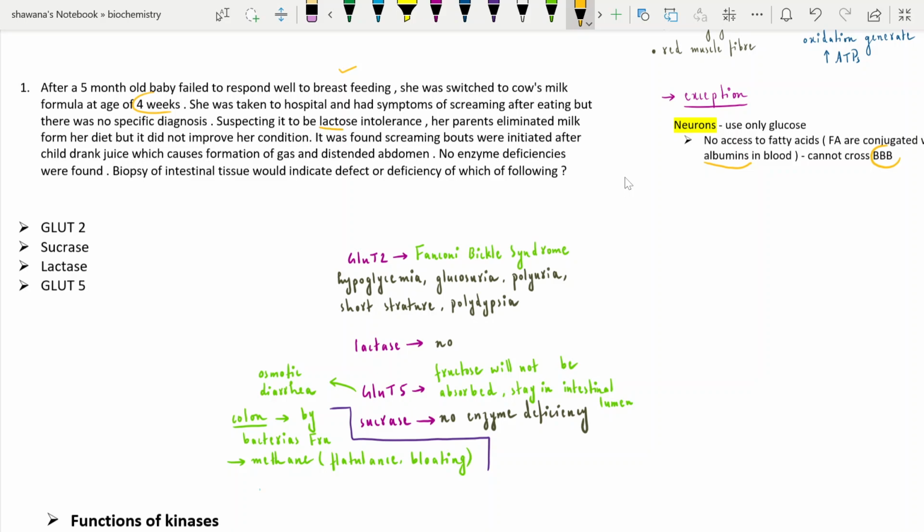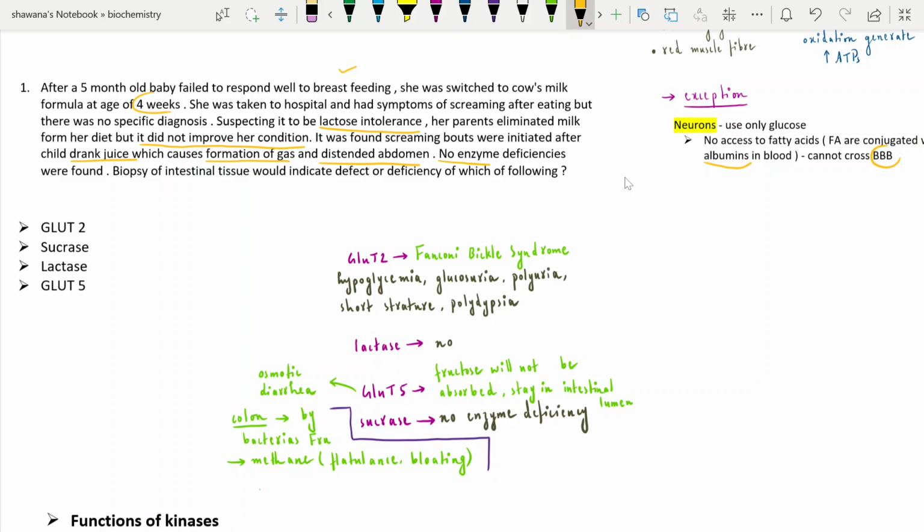Suspecting it to be lactose intolerance, it means that the lactase enzyme is deficient and her body cannot metabolize lactose. Her parents eliminated milk from her diet, but it did not improve her condition. It's the main point: screaming bouts were initiated after the child drank juice, which caused formation of gas and a distended abdomen.